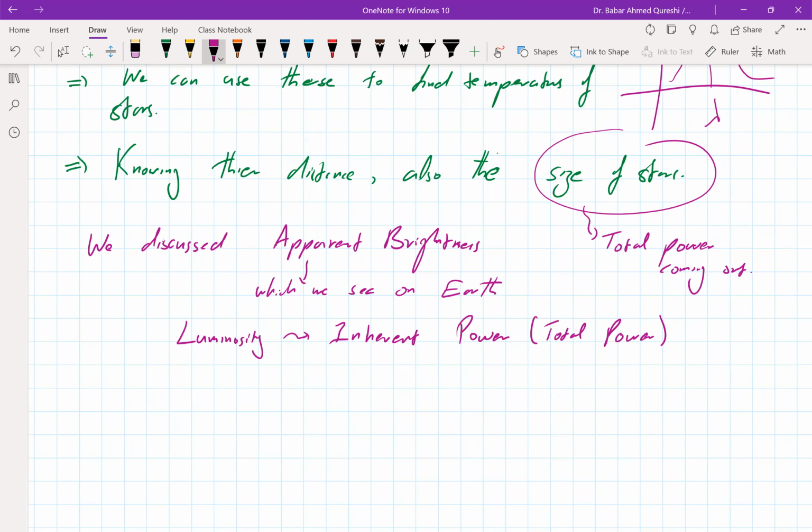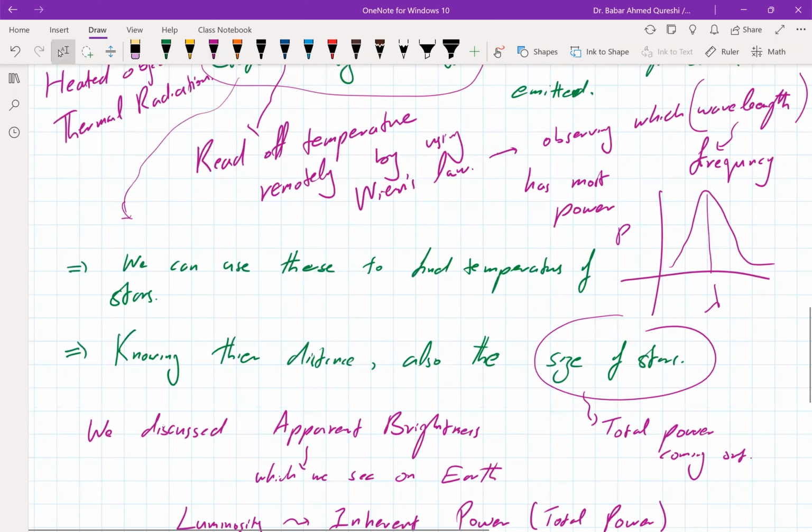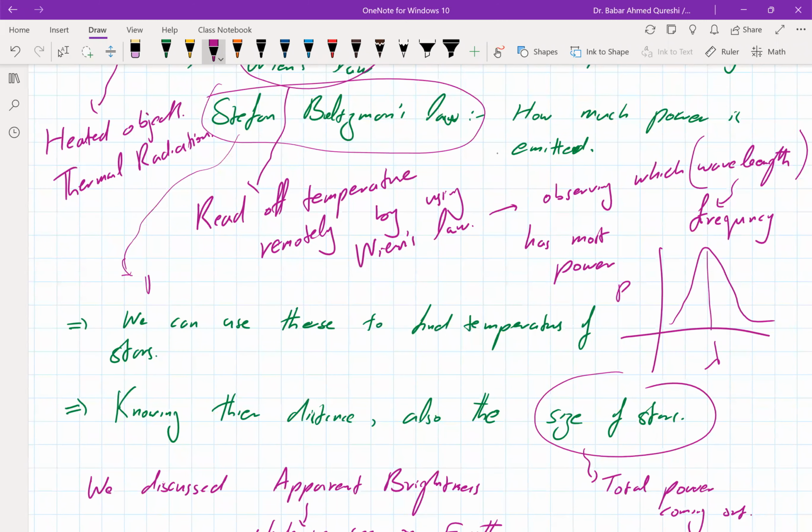Apparent brightness goes down as the square of the distance because it just spreads out. So knowing the distance and the apparent brightness, we can compute the luminosity, the total power, and the Stefan-Boltzmann law gives you power per unit area. So using all these, we can find the total area.